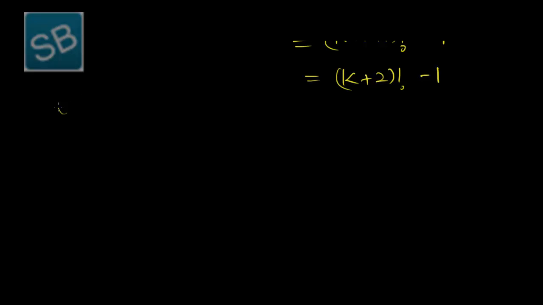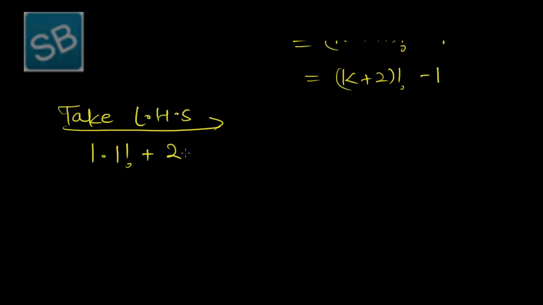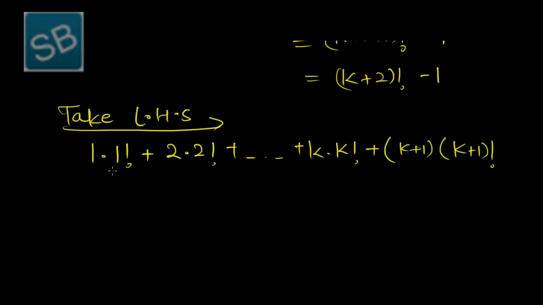So again, take the left hand side, that is 1 into 1 factorial plus 2 into 2 factorial, and so on, k into k factorial plus k plus 1 into k plus 1 factorial. So the first step, the result is true for Pk.